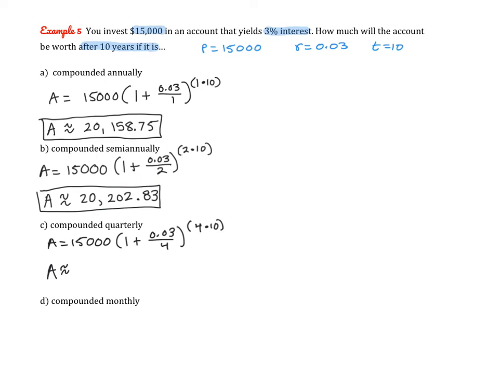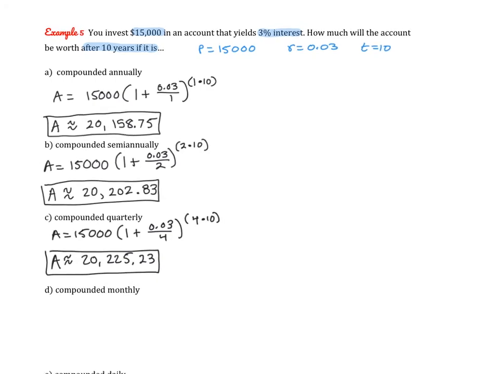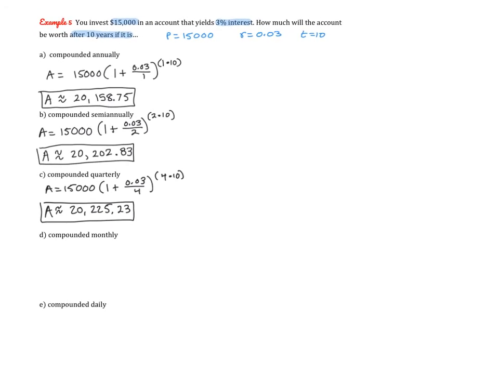So if you're not practicing it, you won't know if you're typing it in wrong. So please make sure you're typing it in exactly how you see it so your calculator will follow order of operations. So here, for this one, you should get $20,225.23. So you can see that we get even more money. So the more times you compound, the better your payoff.